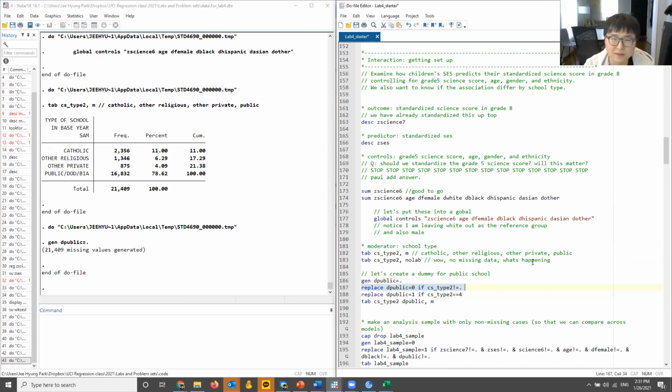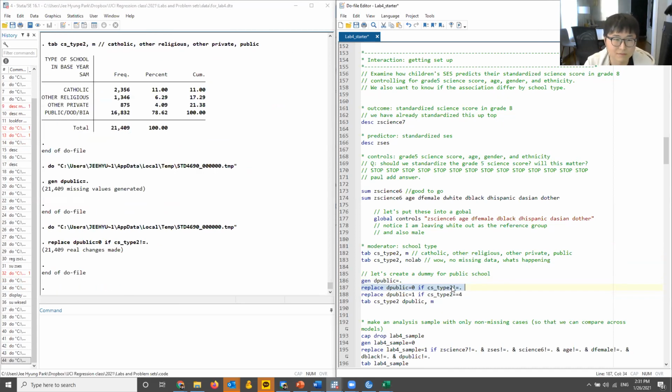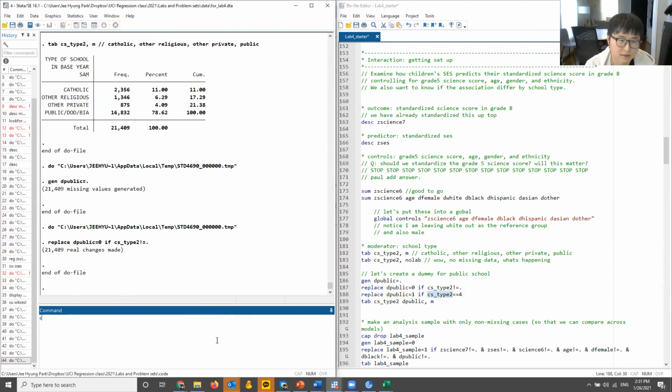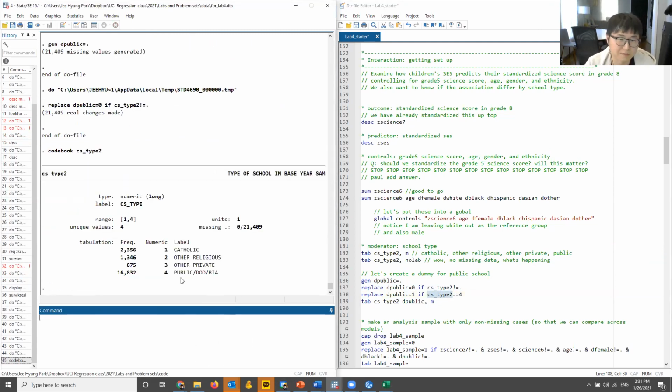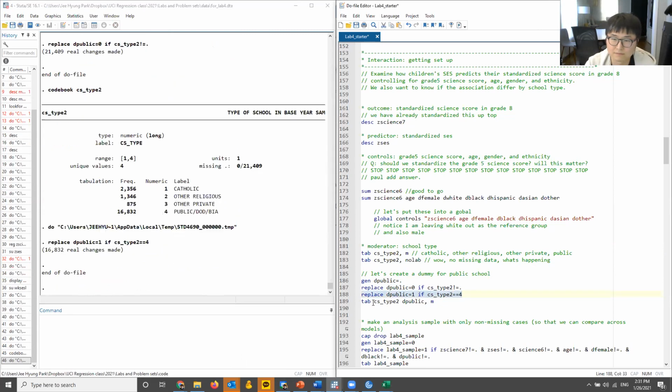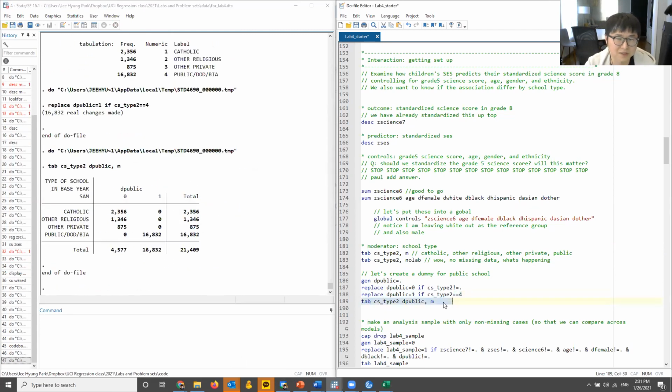We'll give it 0 if you're non-missing, right? And then we'll give you a 1 only if you have 4 for CS type 2, because 4 is public. And always double check to make sure that the dummy variables that you created are mapping onto your categorical variables. I'll always do this check.